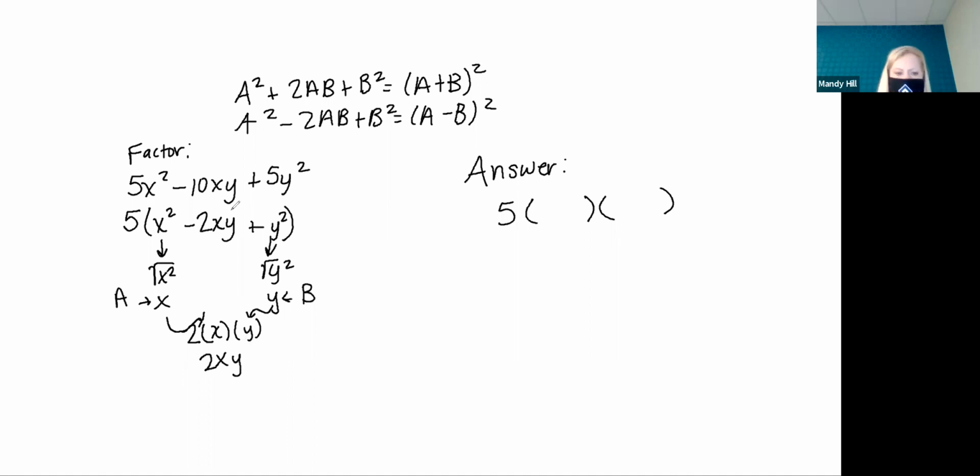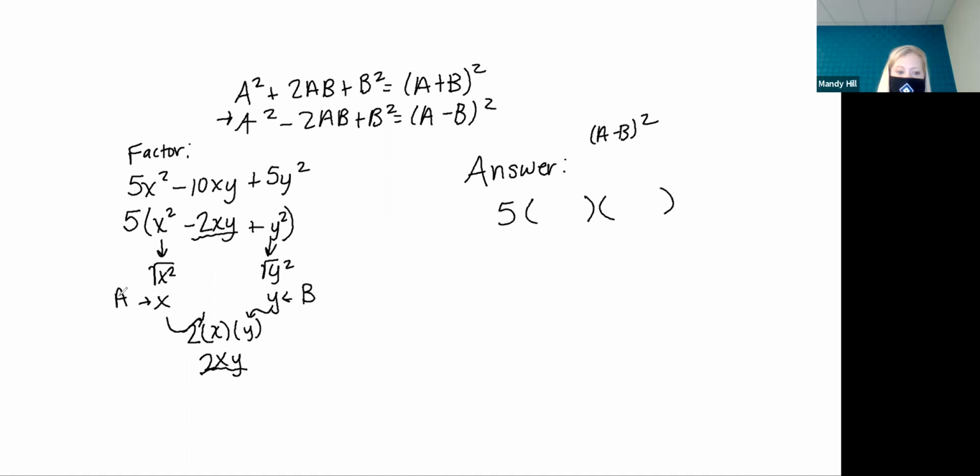And I want to look and say, oh, does that match? Yeah, it's just one of them is negative and one of them is positive, right? But I've got negative 2xy and positive 2xy, which means that I want to use this formula that has the negative there, right? So I can go straight to my answer. My answer is supposed to be the one that's a minus b squared.